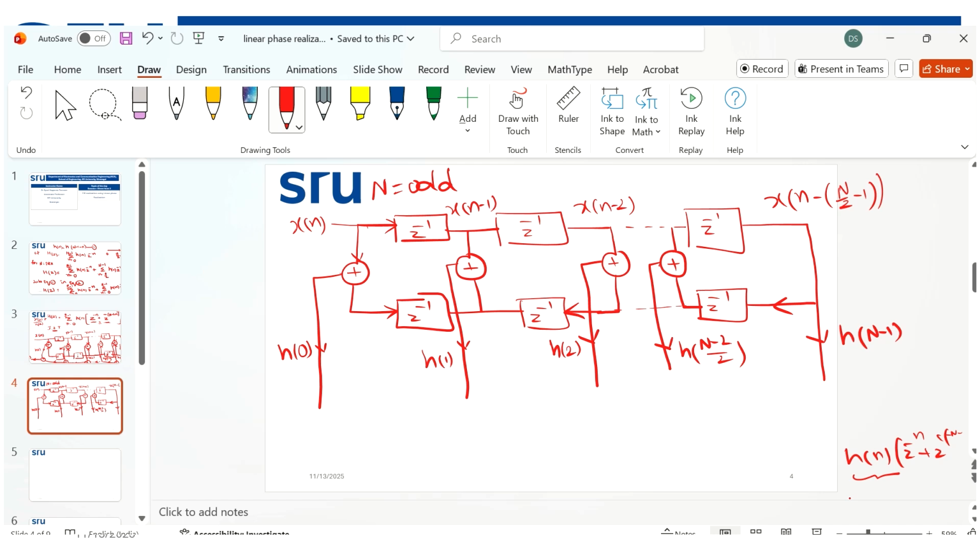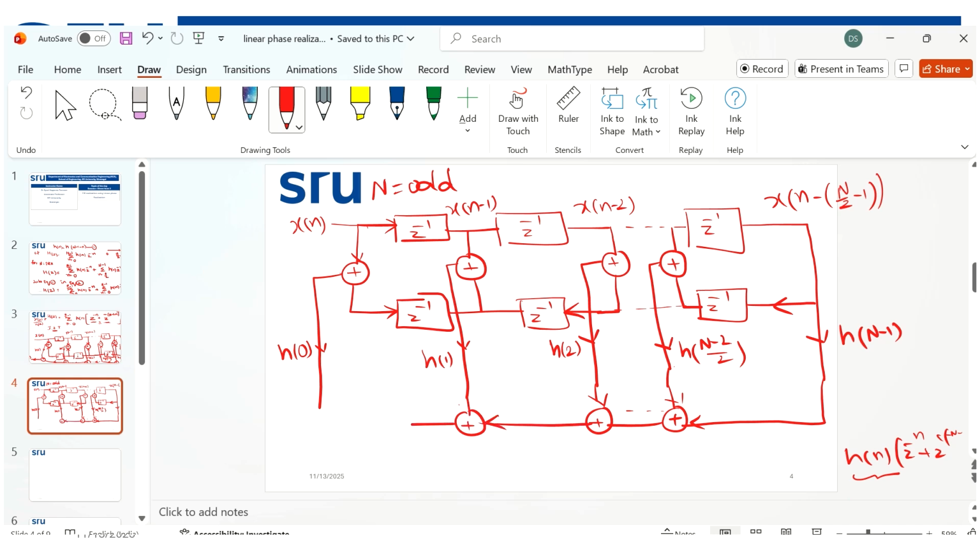And careful while giving the arrow marks, be careful. Now all these connections are being added by this adder, and so on. Then we have one more adder here.